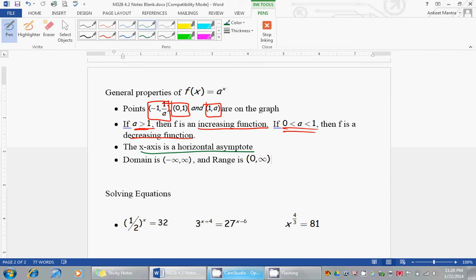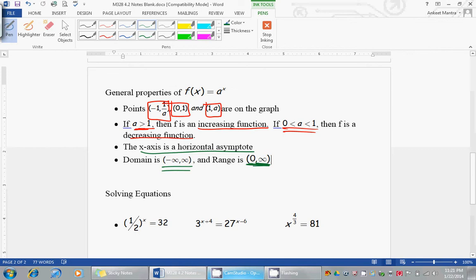And then two other small things here. Domain, all reals, negative infinity to infinity. We can plug in any x value in, and we should be able to evaluate it as an exponent. And the range, what we just talked about, will never reach 0. And then on both of the graphs we did, no matter what a was, there was always a portion of it still going up to infinity.